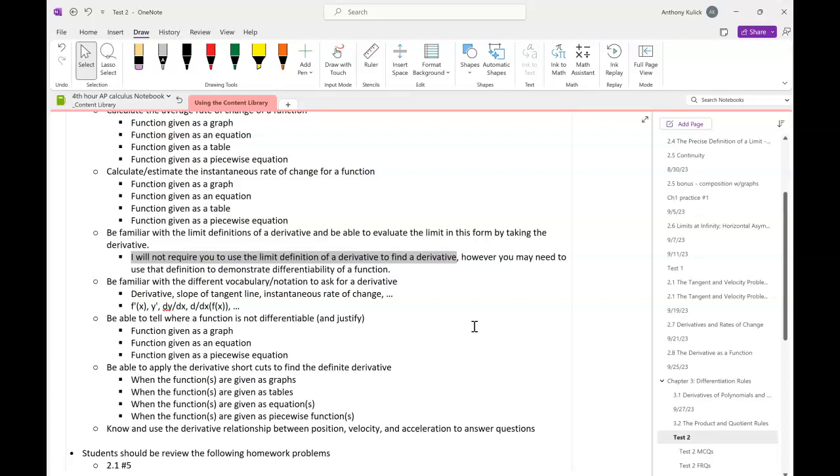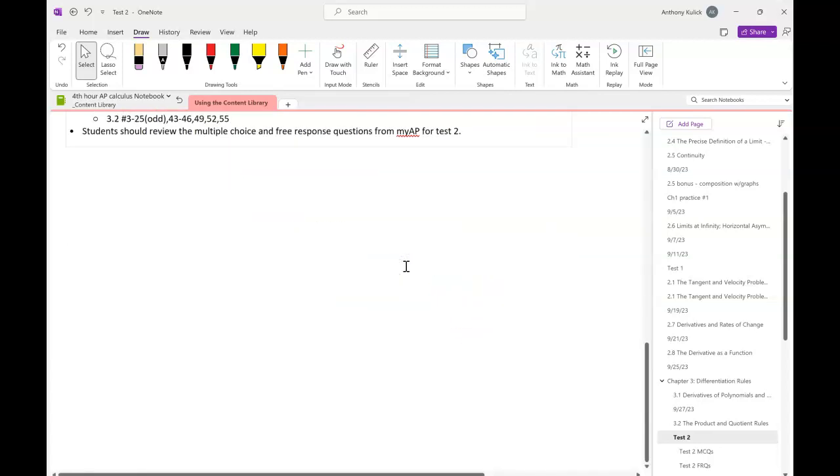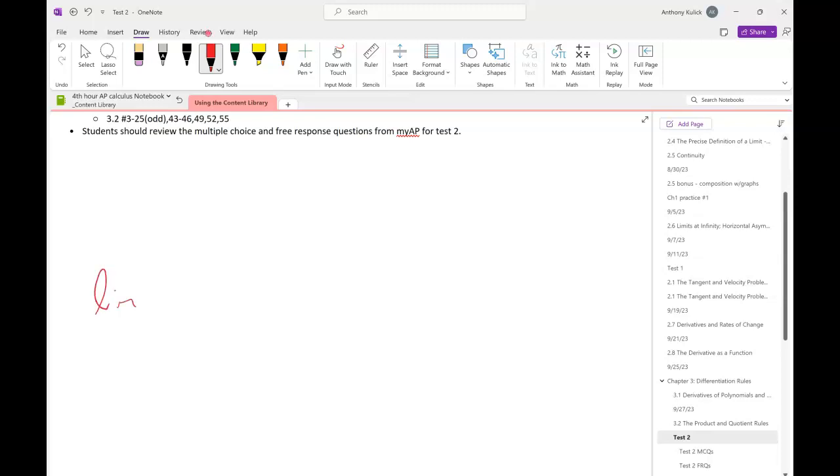However, you may need to use that definition to demonstrate differentiability of a function, or you might use it to evaluate a limit. On the AP exam, I don't recall places where I see people using the definition of the limit directly to do something, other than writing down the form of it. But I do see stuff like this.